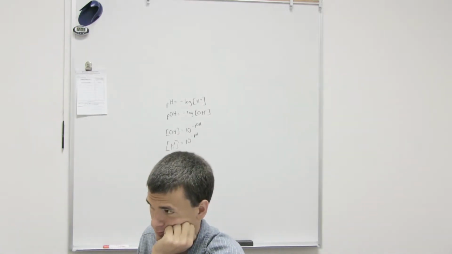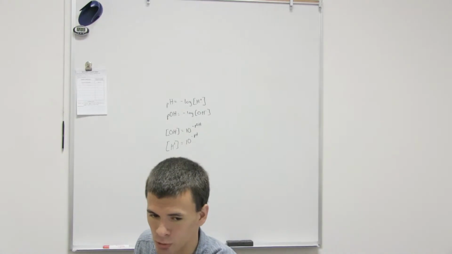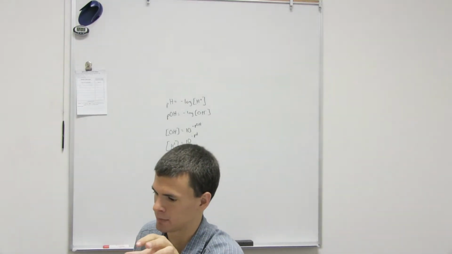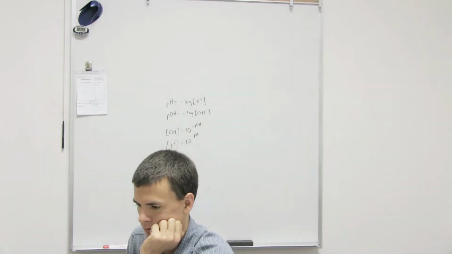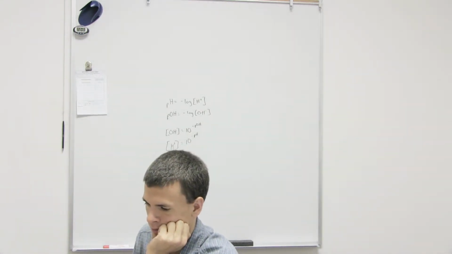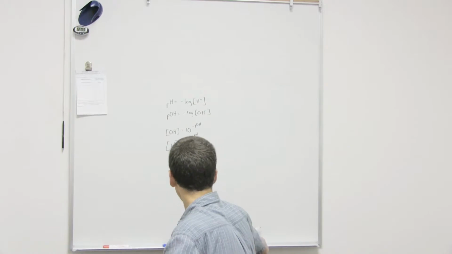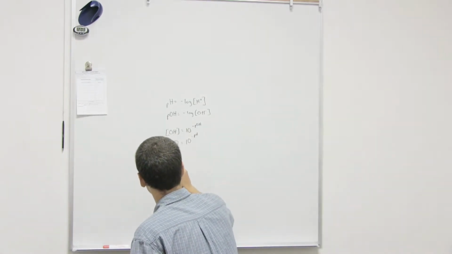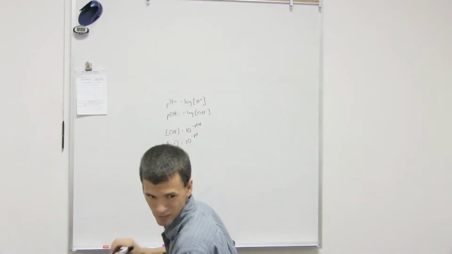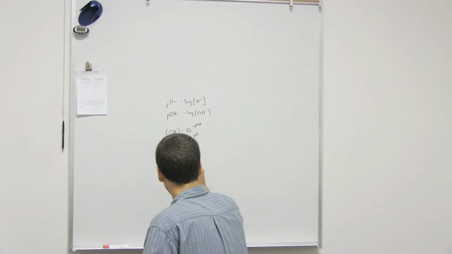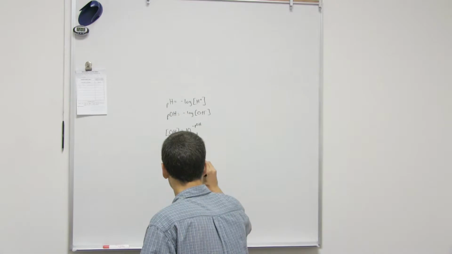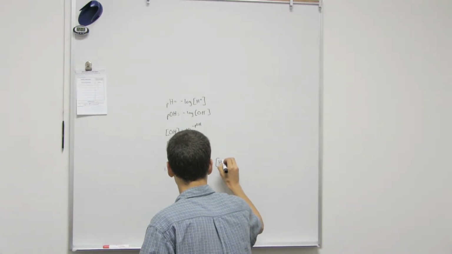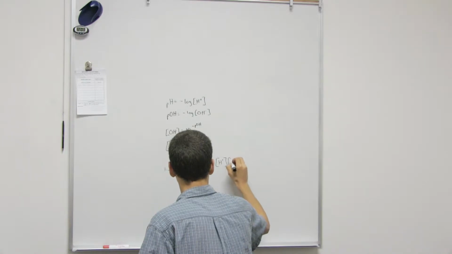But I don't know my H or my OH. But it says it's neutral, so your H and your OH will be the same. So your KW equals 2.4 times 10 to the negative 14th, and that's equal to your H plus times your OH minus.